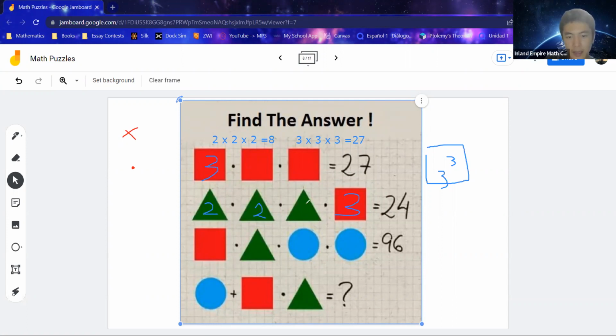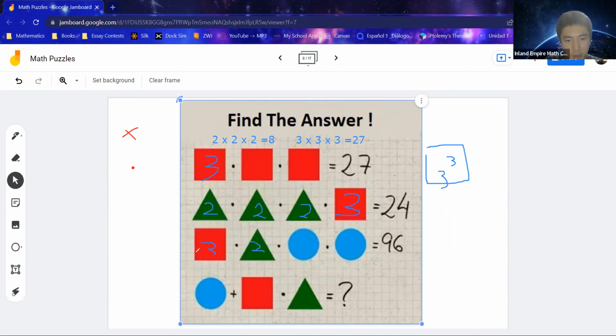Well, I also agree because since 3 triangles multiplied together and then multiplying by 3 gets you 24, that means multiplying 3 triangles together, ignoring the square, gives you 8, right? Because 24 divided by 3 equals 8. And as we have found, 2 would be the answer that satisfies this condition. So that is correct. Triangle is equal to 2.